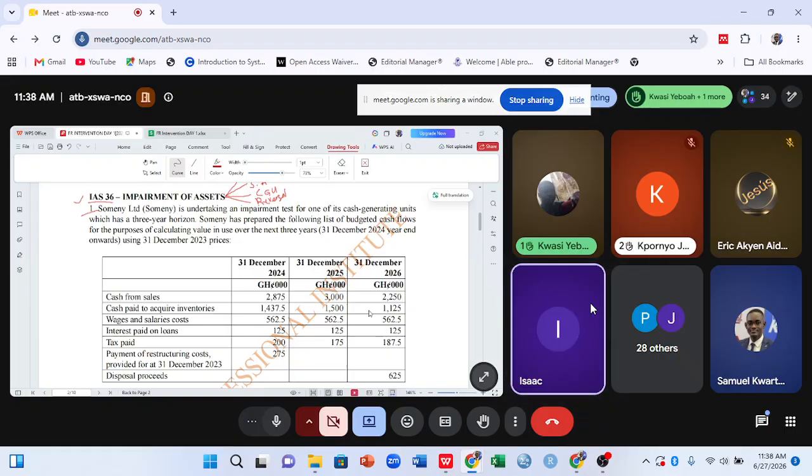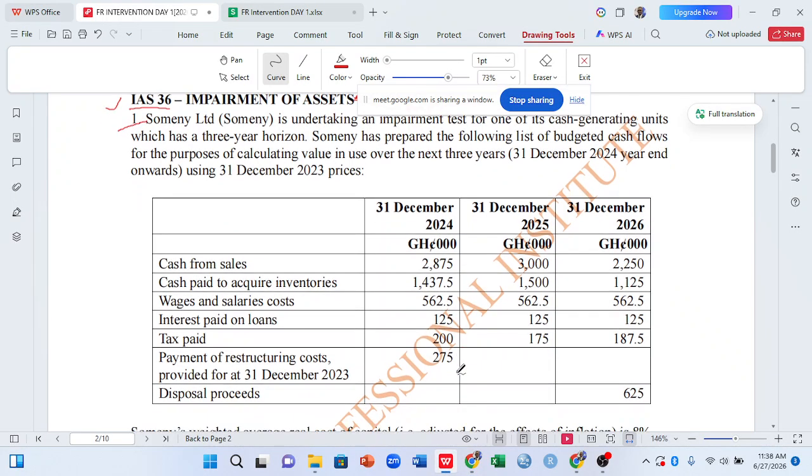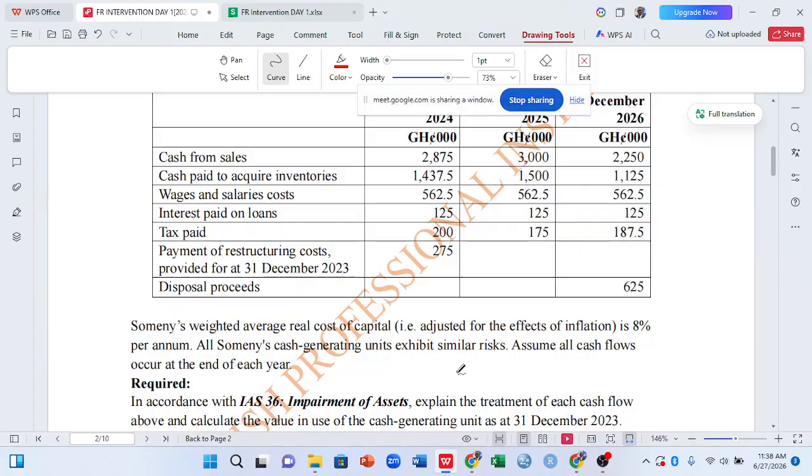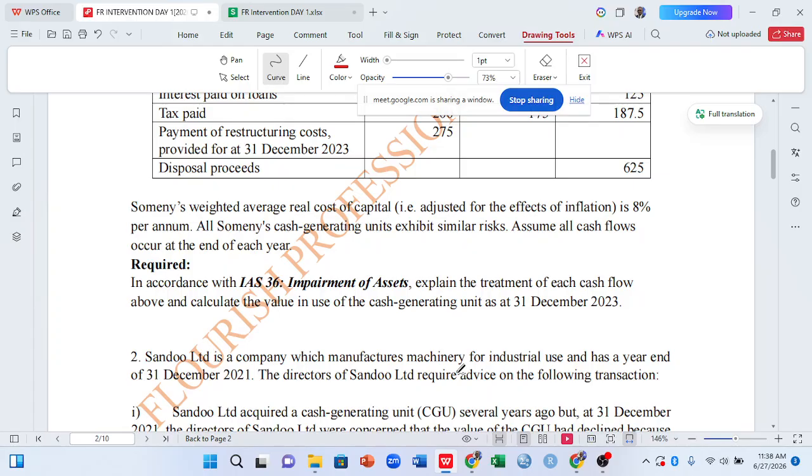Question 1. Somni Limited is undertaking an impairment test for one of its cash generating units, which has a 3-year horizon. Somni has prepared the following list of budgeted cash flows for the purpose of calculating value in use over the next 3 years. That's 31st December 2024 year end. Somni's weighted average real cost of capital that is adjusted for the effects of inflation is 8% per annum.